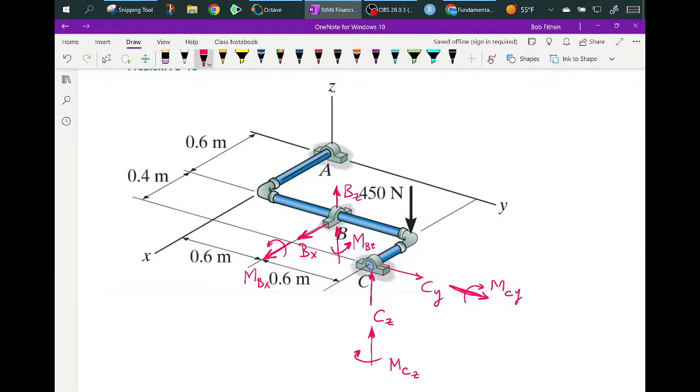And this last one would be a Y. Can I take a load this way? No, I can't. It'll slide right out of the journal part. Can I take a load this way? Yes, I can. AZ.